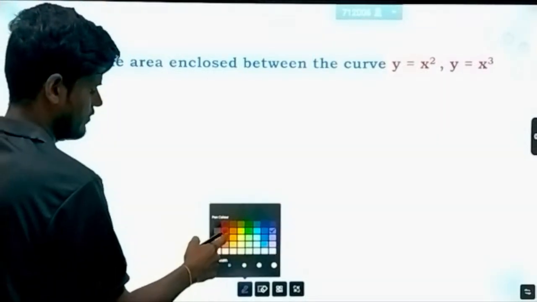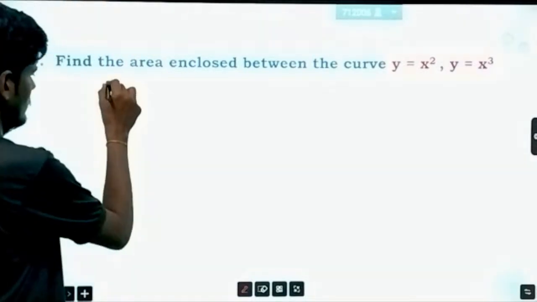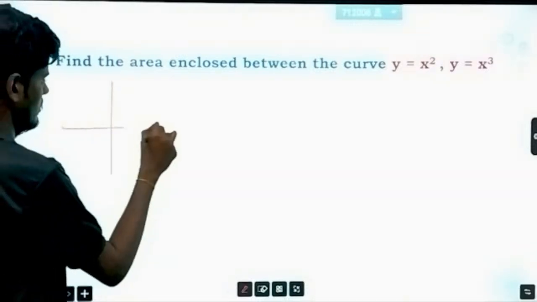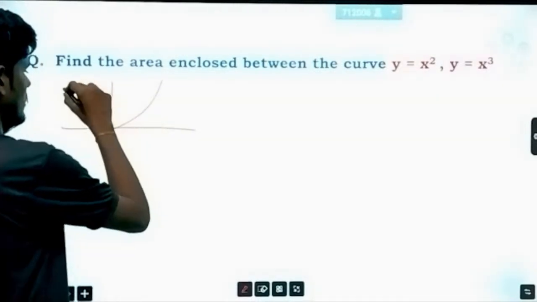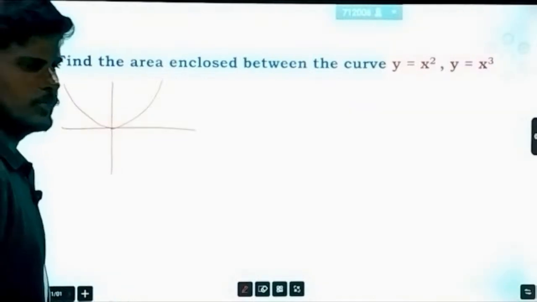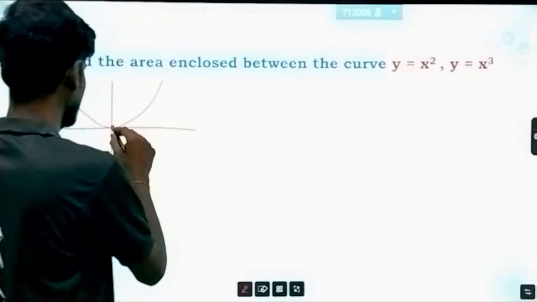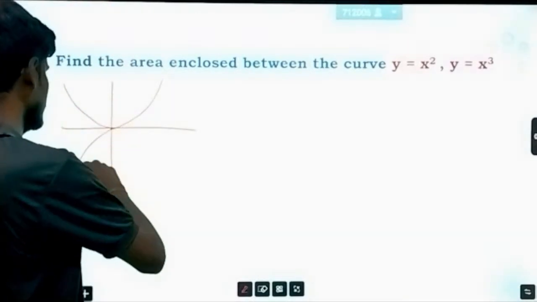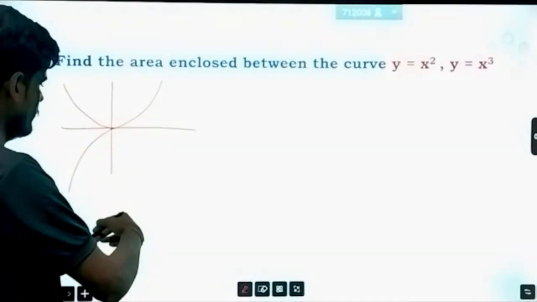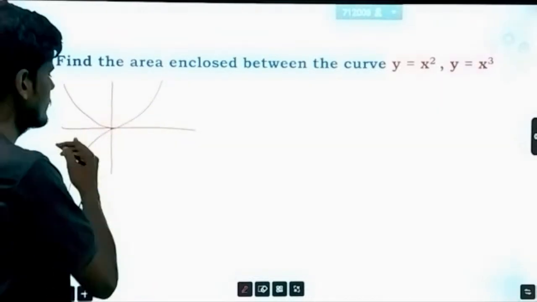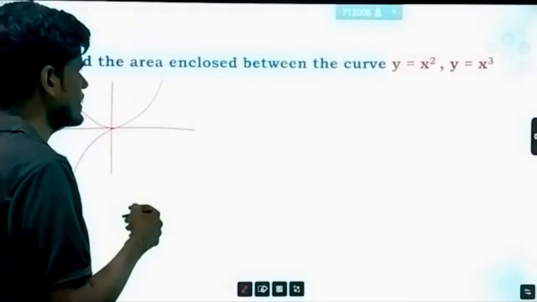We have to draw the graph. y equal to x square graph is like this, and y equal to x cube will be increasing from negative infinity to 0, and after that it will continue to increase.